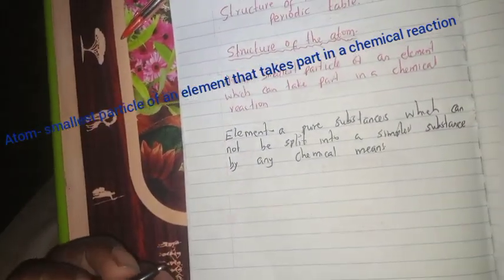Now, we say that an atom is made up of three particles.